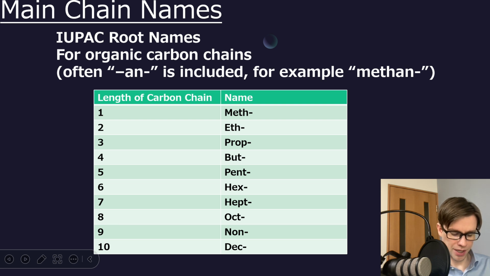And oftentimes we'll add an -an as well on this root name to extend it into certain names. So methan, ethan, propan, butan, pentan, hexan, heptan, octan, nonan, decan. Okay, so just say this like 50 or 100 times, however long it takes you to memorize it. Do practice questions with it until you can get it. Flashcards, whatever you need.